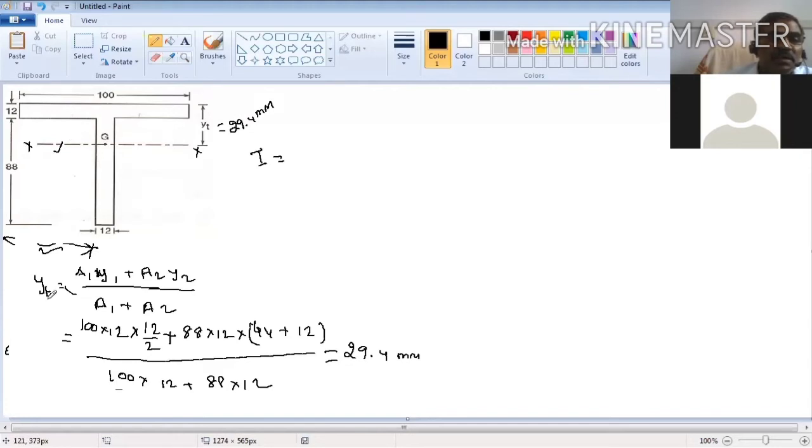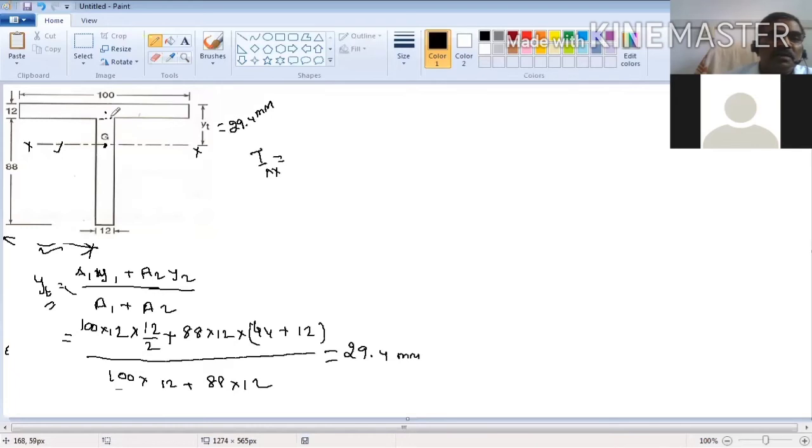Initially, while calculating yt, we took this as a reference. Now we want Ixx, about the whole body. The center of gravity of the whole body is here.